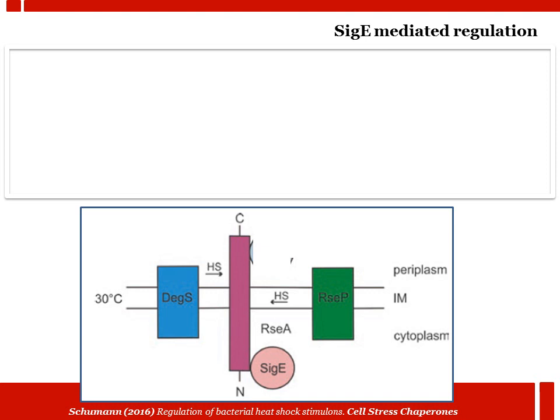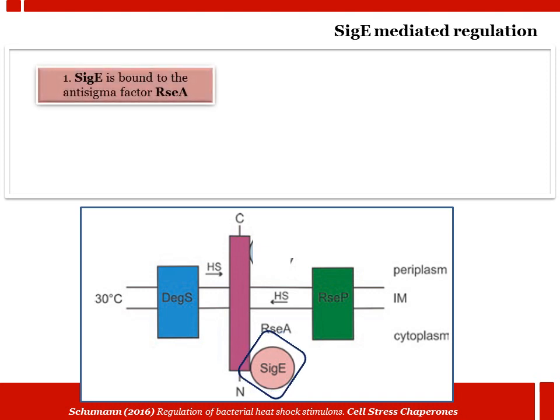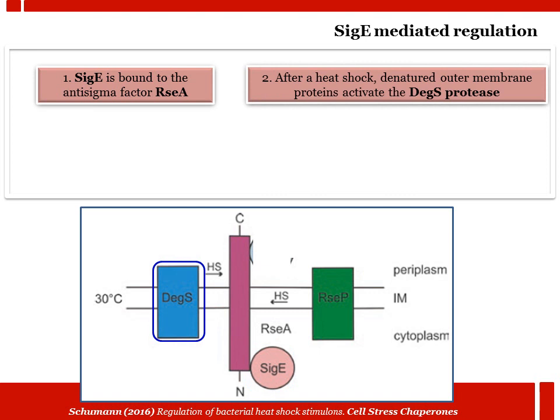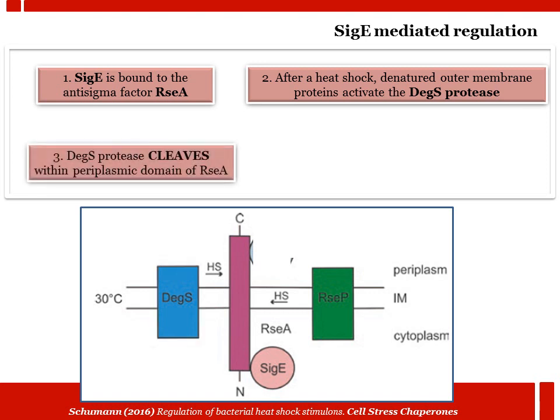Another example where proteases can affect the transcription of heat shock genes is in the SigE mediated regulation, where the transcription factor SigE is bound to the anti-sigma factor RseA, localized at the membrane, a portion of it rising up into the periplasm and a portion of it located within the cytoplasm. After a heat shock, denatured outer membrane proteins will activate a protease, that is DegS. Now this DegS can cleave within the periplasmic domain of RseA.